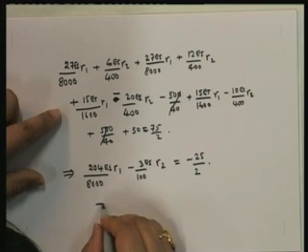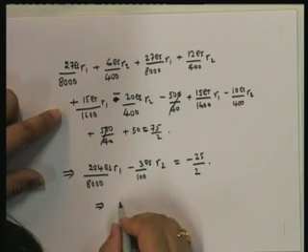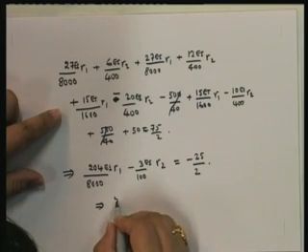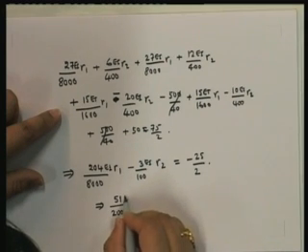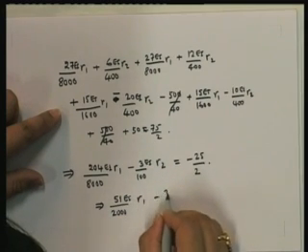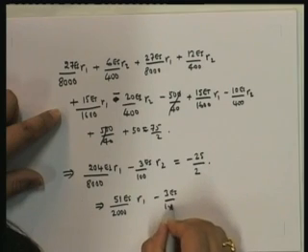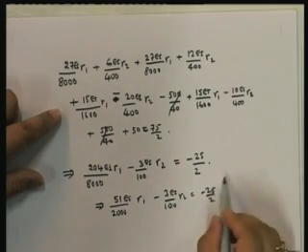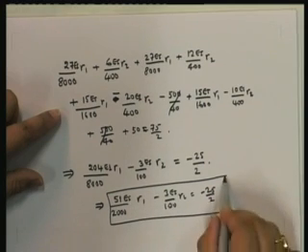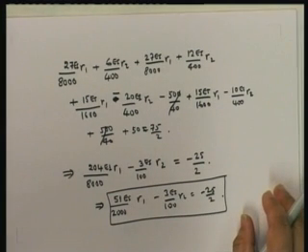We can simplify this by dividing by 4, so we get 51 upon 2000 EI R1 minus 3 EI by 100 R2 is equal to minus 25. That is one equation. Let me write down the two equations, and you will see they end up this way.